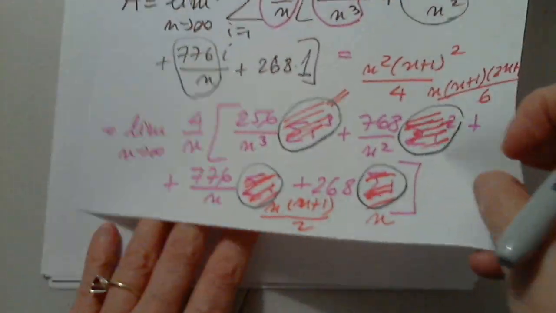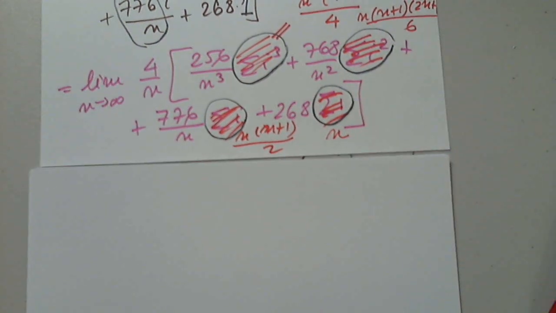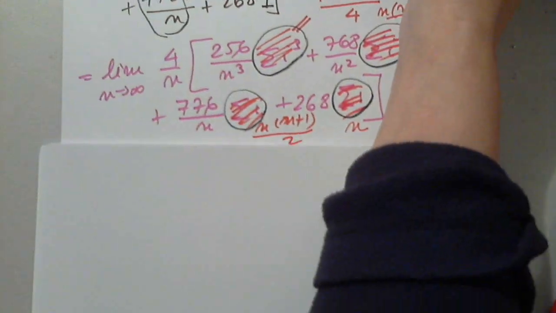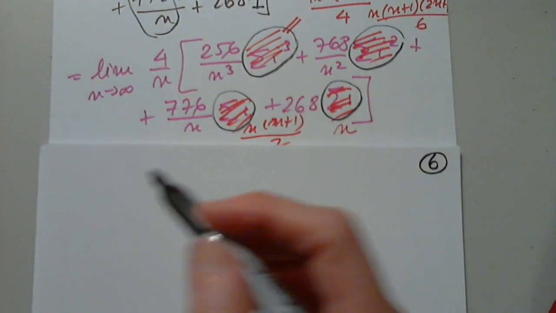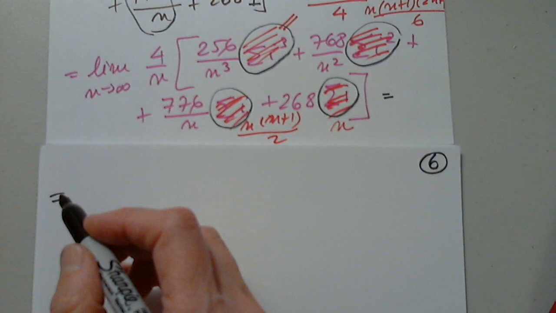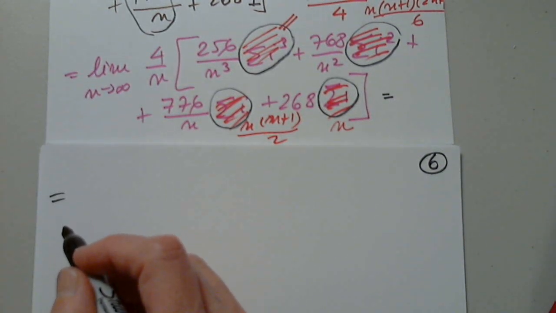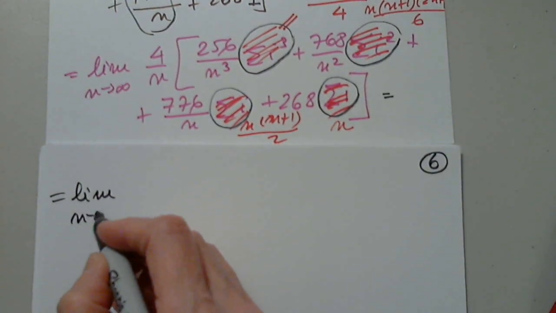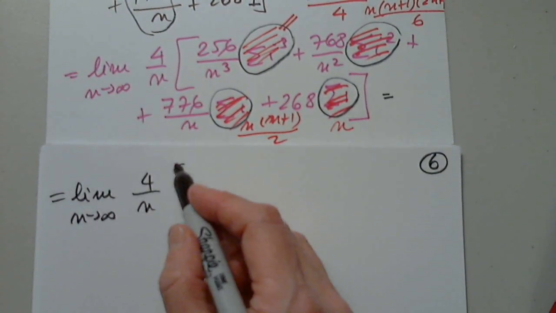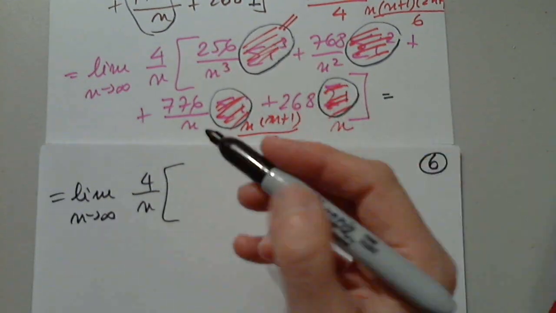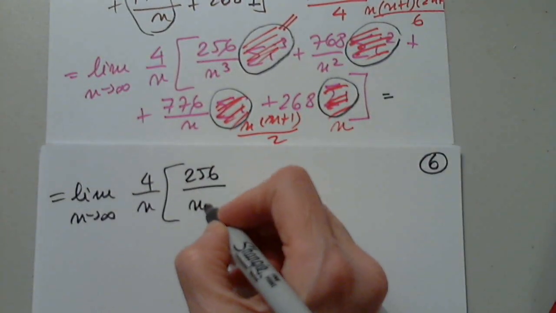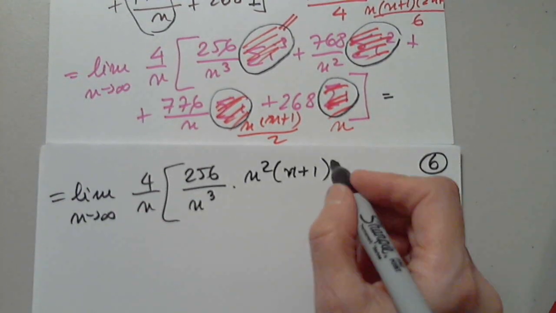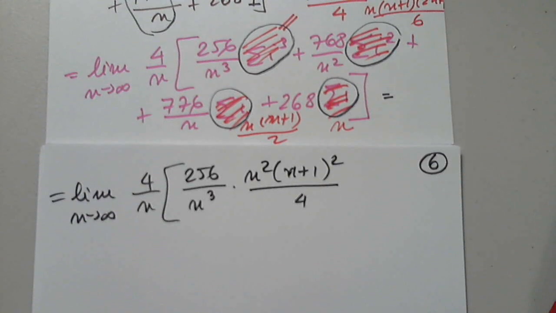Okay, so let's write it. Again, these calculations are cumbersome because we wanted to see an example with an interval that does not start at 0. Limit as n approaches infinity, 4 over n. So I have 256 divided by n cubed times n squared, n plus 1 squared divided by 4.